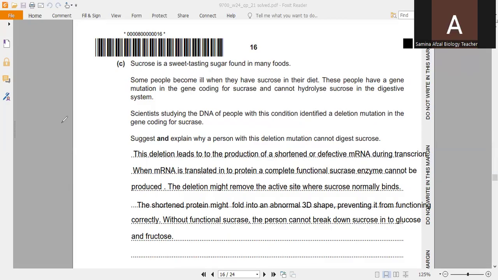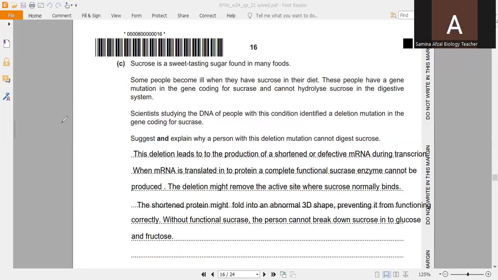As I think I have drawn in the last part of this question, sucrose is broken down by adding water in the presence of sucrase enzyme into glucose and fructose. This process allows the body to absorb and use the sugar for energy. When sucrose is broken down in the presence of sucrase, it produces energy, and that energy is used for different purposes in the body.